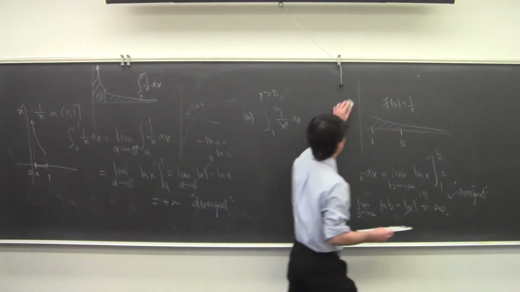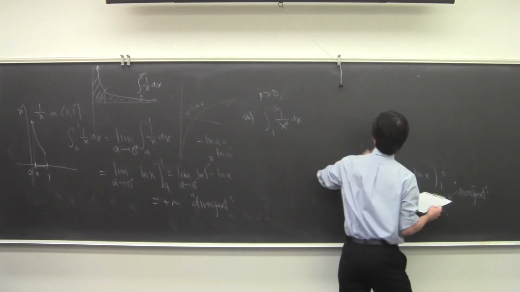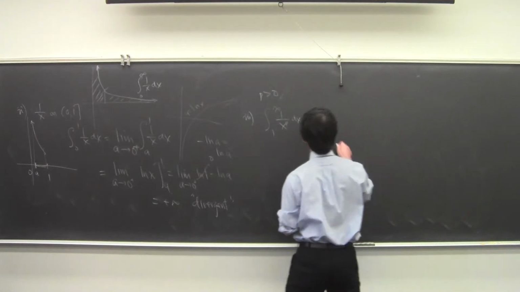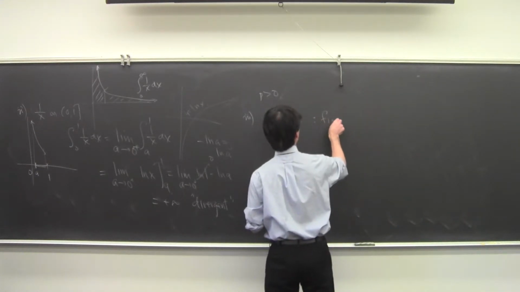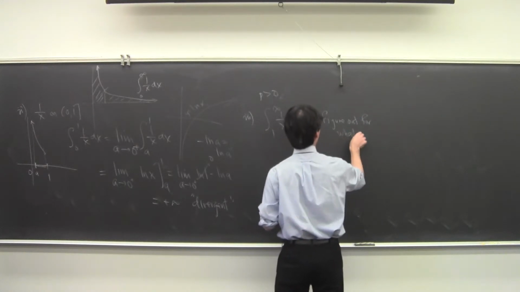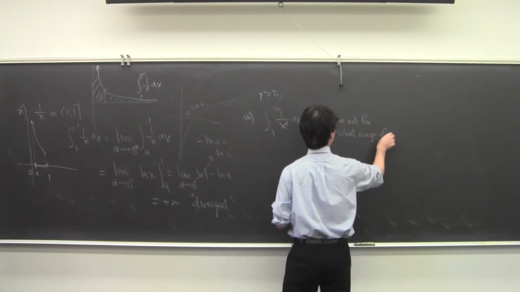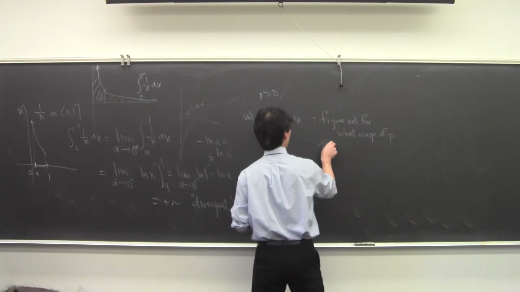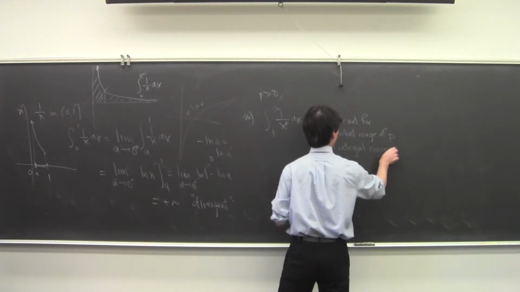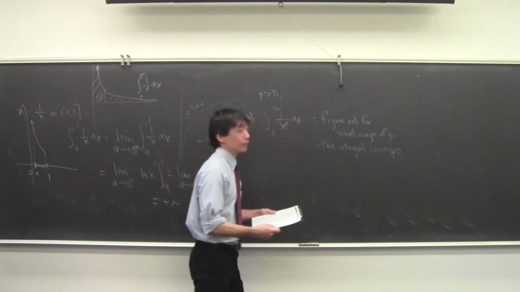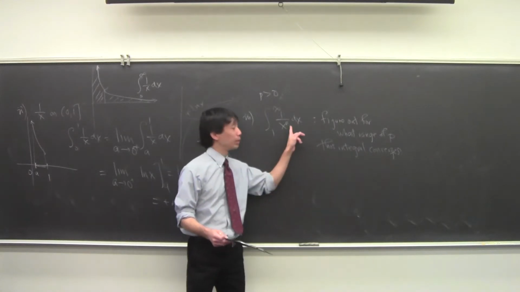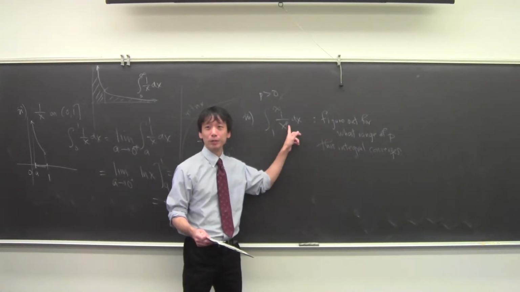It'll turn out that this will work. Figure out for what range of p this integral converges. For certain p it'll work, and for other p it's not going to work. We already know if p is 1, this is a divergent integral.